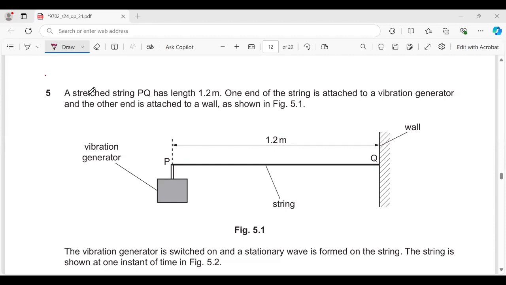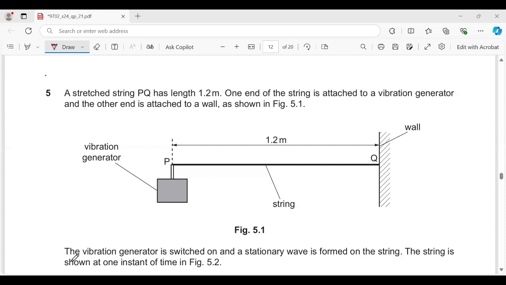Number five, a stretched string PQ has length 1.2 meters. One end of the string is attached to a vibration generator, this, and the other end is attached to a wall, this. So P is at the vibration generator while Q is at the wall. The vibration generator is switched on and a stationary wave is formed on the string.